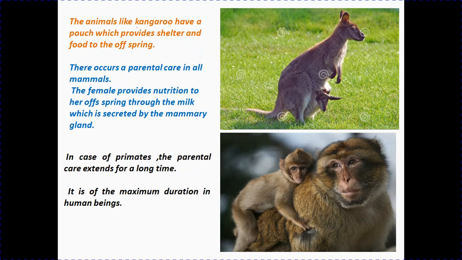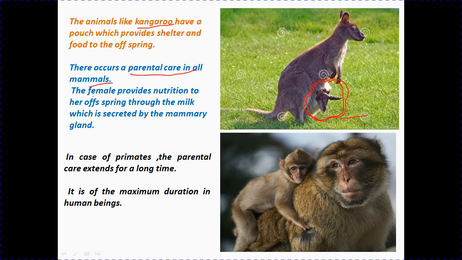We have animals like the kangaroo, which has a special characteristic feature: a belly pouch. This belly pouch provides shelter and food to the offspring, and helps the kangaroo keep its offspring safe from predators. So this is how parental care is shown by kangaroos. Usually parental care is seen in all mammals.